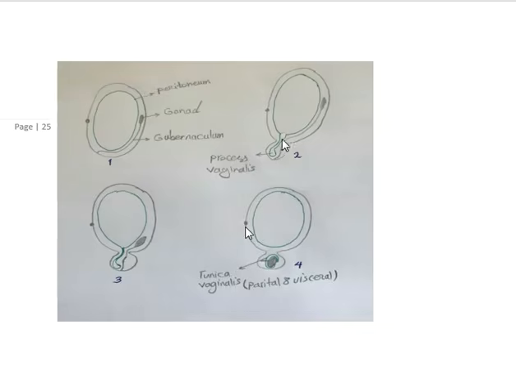In number 2, the duct of this process is open and gradually is closed and completely disappears. In figure number 4, you can see it has completely disappeared, and just the part that remains of the processus vaginalis completely covers the testis except the posterior wall.